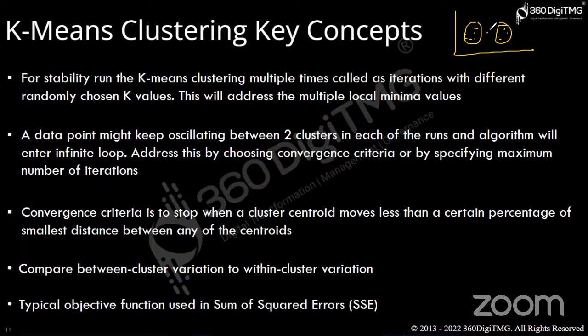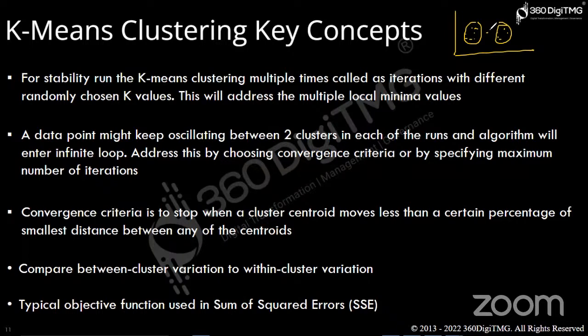Then we compare between cluster variation and within cluster variation. When I say within cluster variation, we measure the distance between the centroid point and the data points. That should be low.